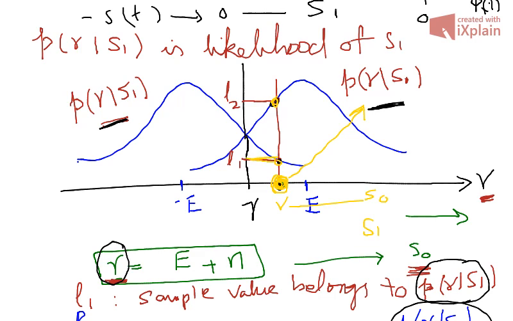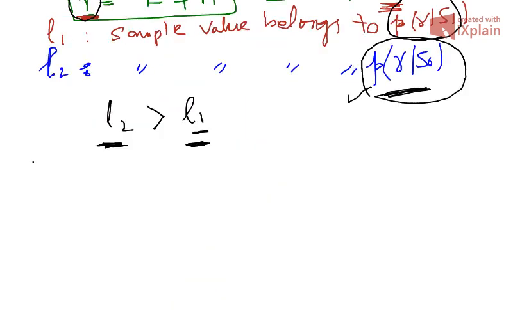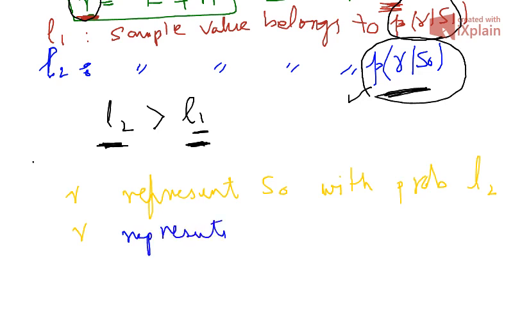So let me write it. The received signal R represents S naught with probability L2, and the received signal R represents S1 with probability L1.